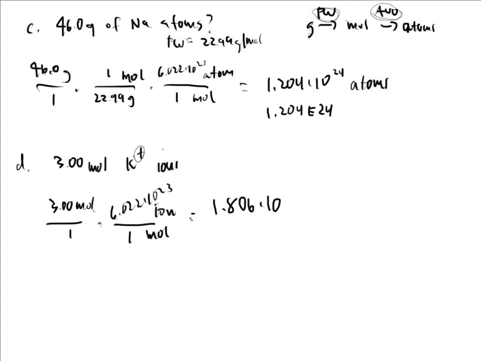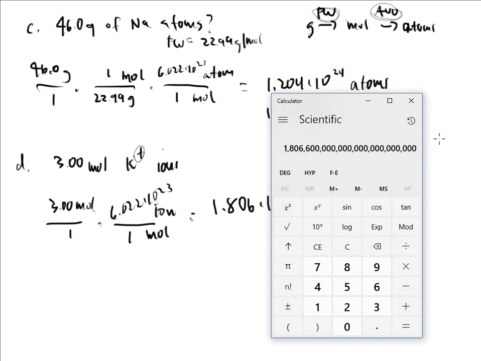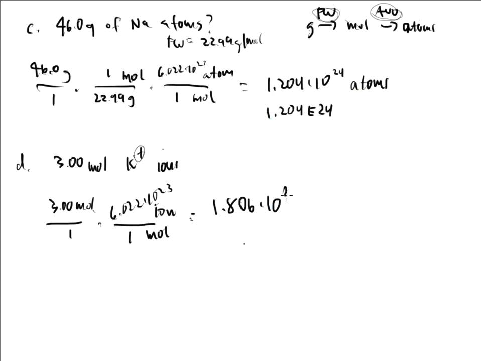And I need to count them. That's what I get for using this crappy calculator. So there's 3, 6, 9, 12, 15, 18, 21, 22, 23, and then finally 24. So 10 to the 24th. Or in your calculator, E24.